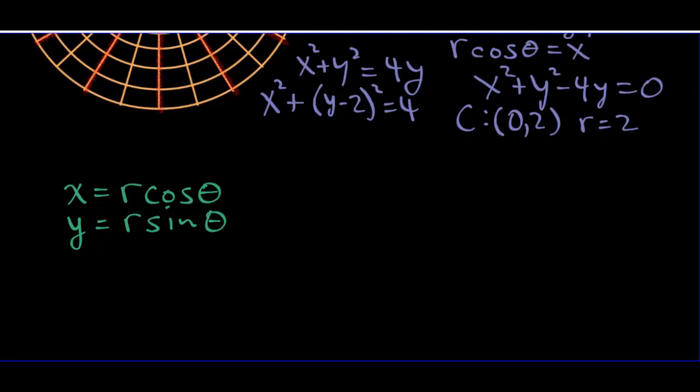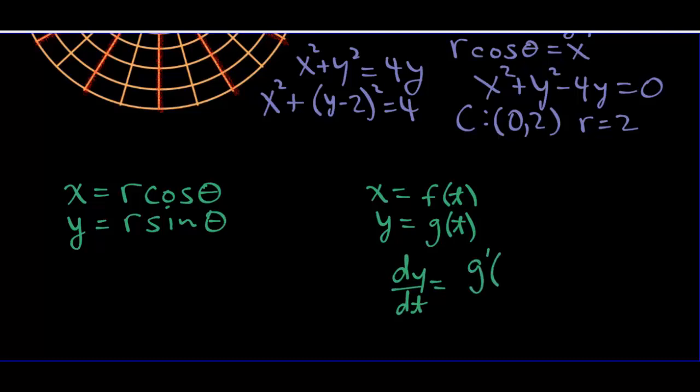If you have a parametrically defined function, let's suppose x equals f of t, and y equals g of t, then to find dy/dx, you take g prime of t over f prime of t.